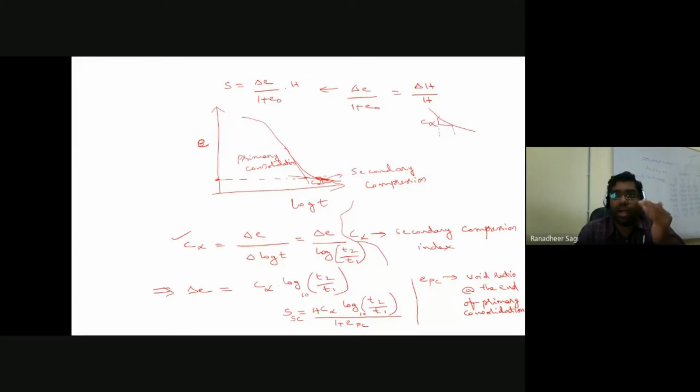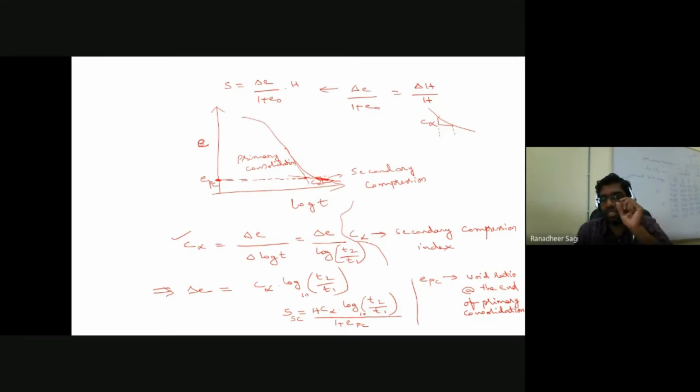So if I extend this point onto your vertical axis, the corresponding void ratio we have here is what I am writing as e PC. That's the void ratio existing in the soil at the end of your primary consolidation, which I can call your initial void ratio corresponding to your secondary compression in the soil.